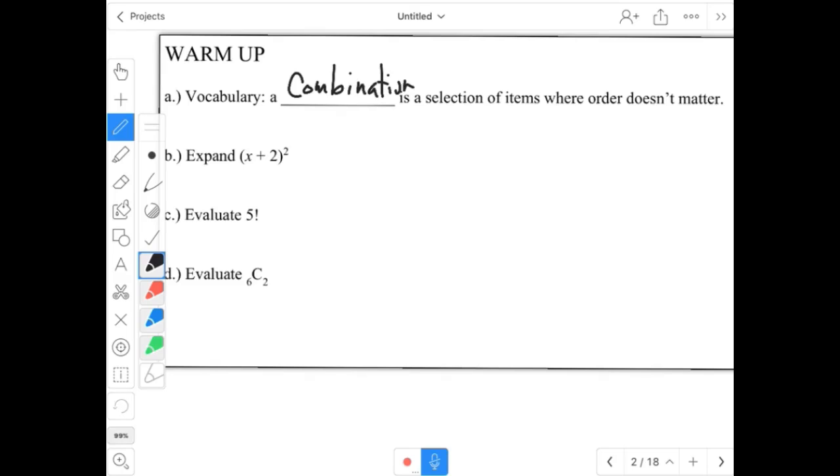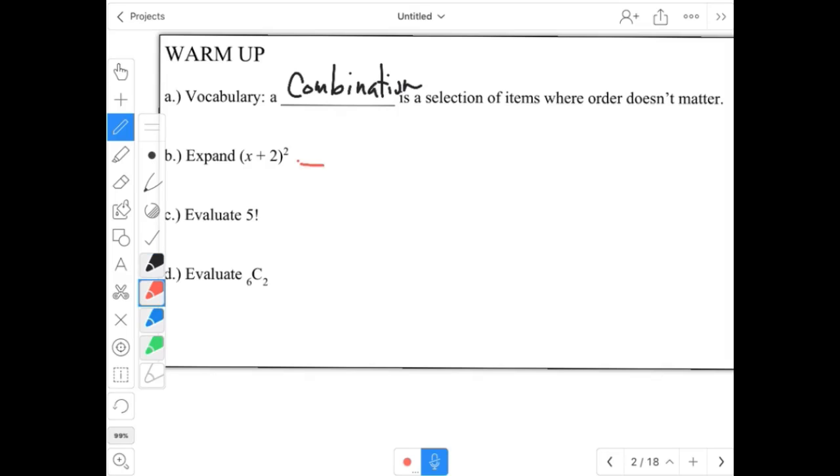So that would be like taking X amount of things, where you're taking so many at a time, and it doesn't matter what order they're in. So this could be like drawing two cards from a deck, where let's say you take a King of Hearts and a Queen of Hearts. That would be the same as getting a Queen of Hearts and a King of Hearts. Those aren't two different things.